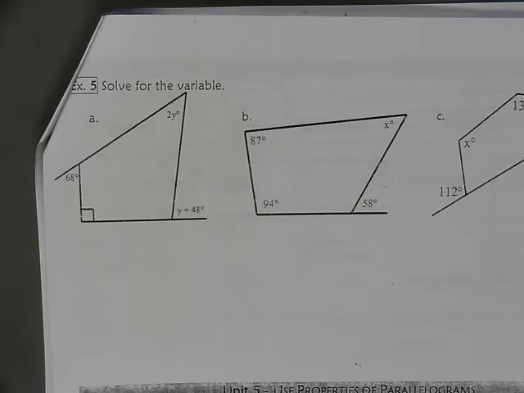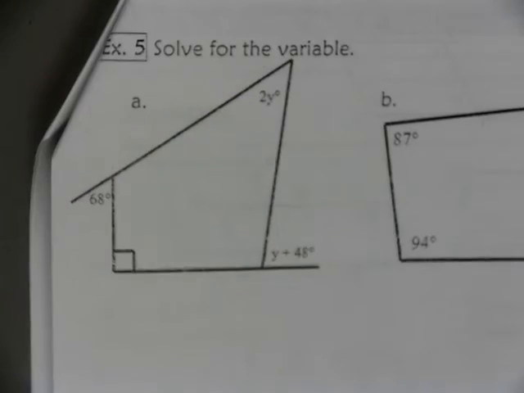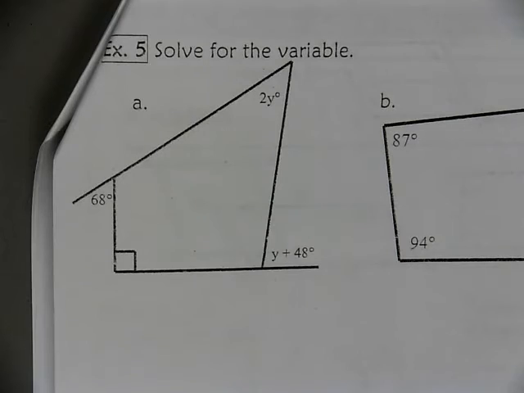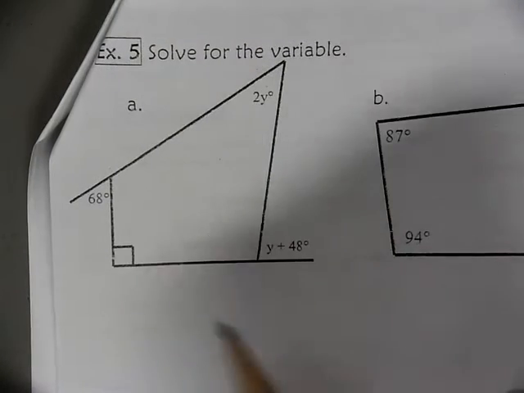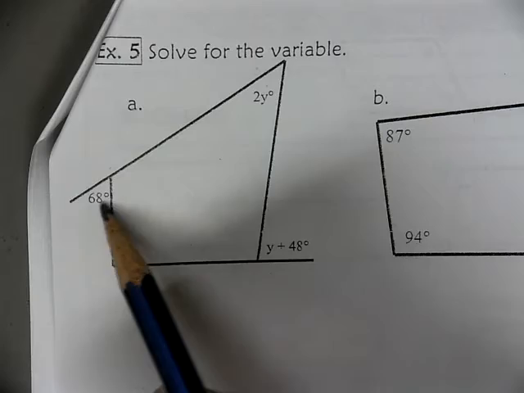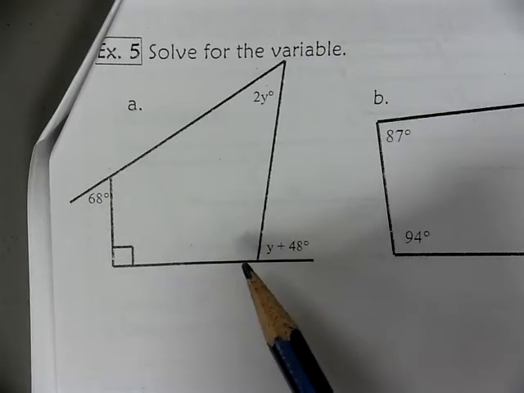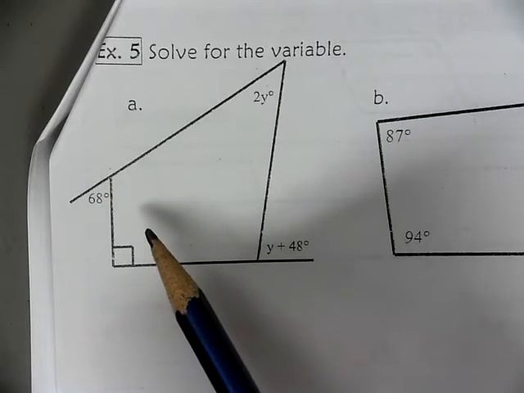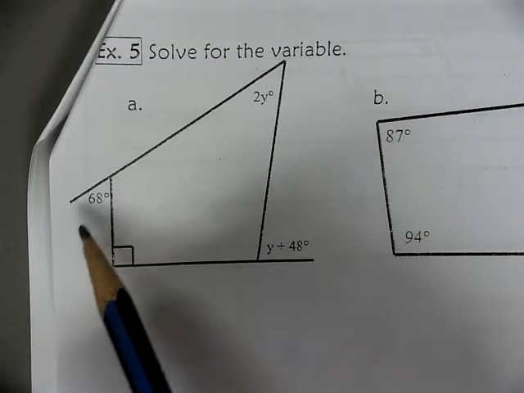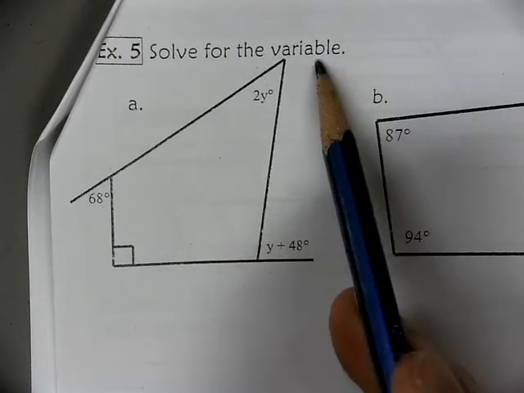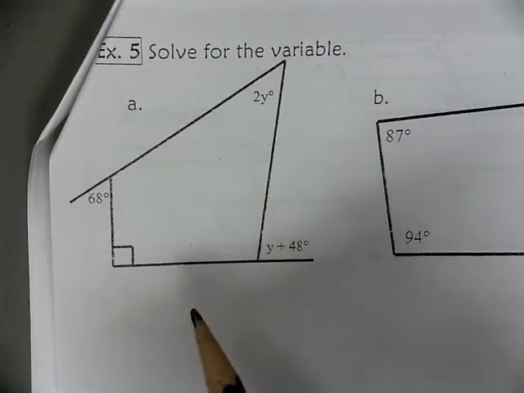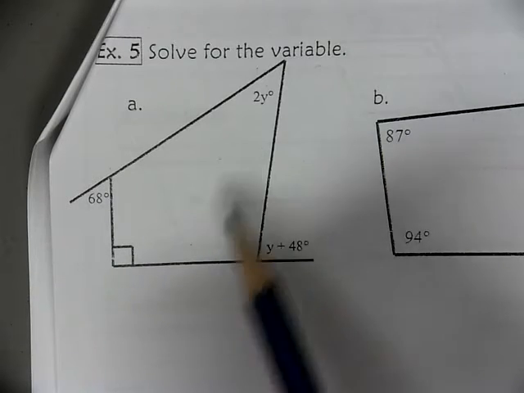Alright, on the flip side, got a couple more questions here. This one is a little interesting. Here we're supposed to figure out the value of y. We're going to solve for the variable. We could either use exterior angles or interior angles, but we need to know something to calculate.